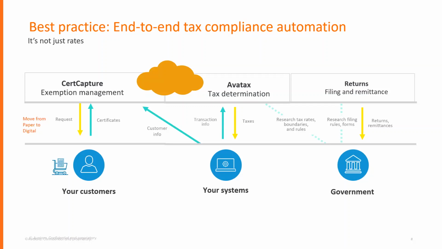And then when it comes time to file, we're just going to pull the information from Avatax, our sales tax engine, over to Avalara Returns to then file and remit on your behalf. So there's no manual oversight, no calculations that you have to do, and you also don't have to go to any of the DOR websites to manually input this. Avalara is going to do that for you.